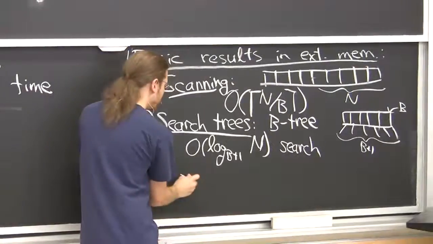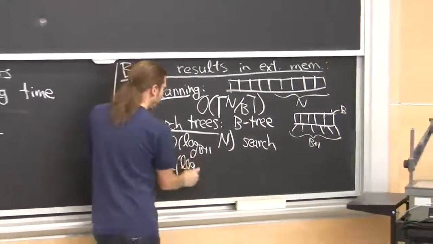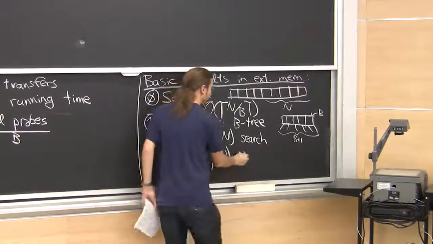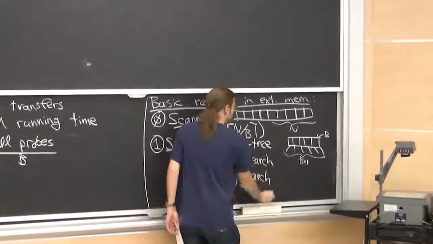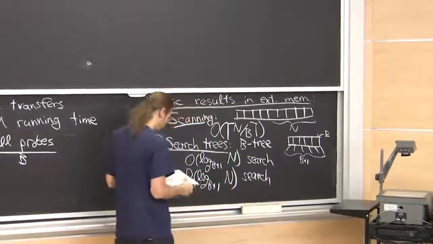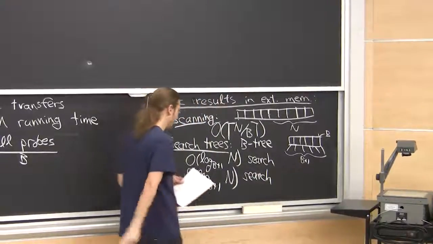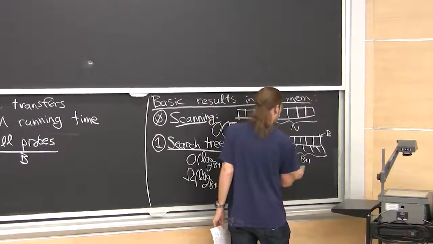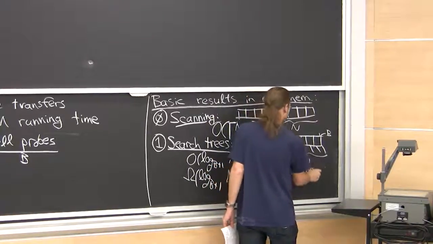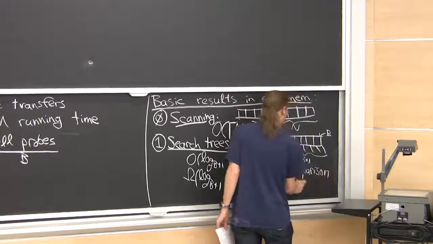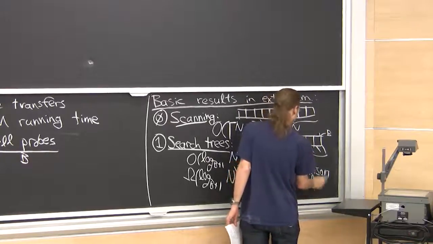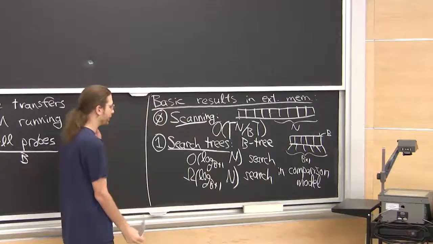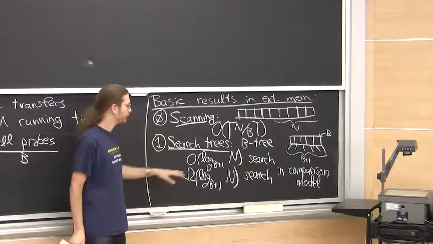You need log base B plus 1 of n to do a search in the comparison model. In the same way you need log base 2 of n time to do a search in the comparison model. In this model, you need log base B of n.